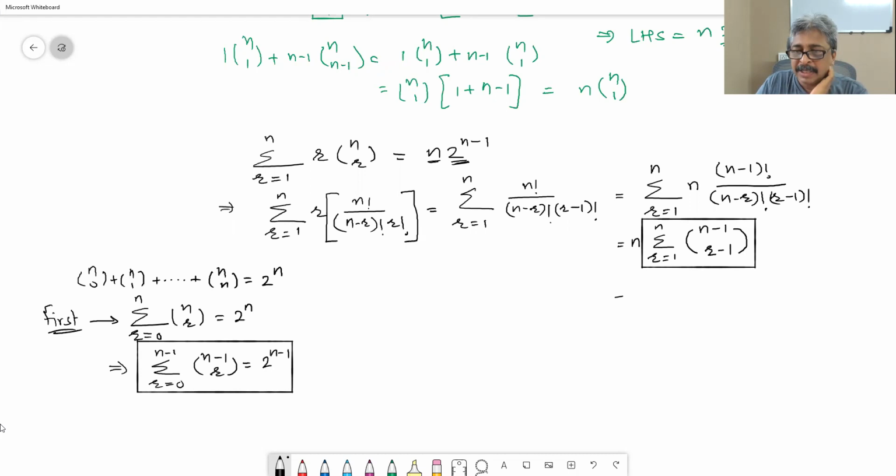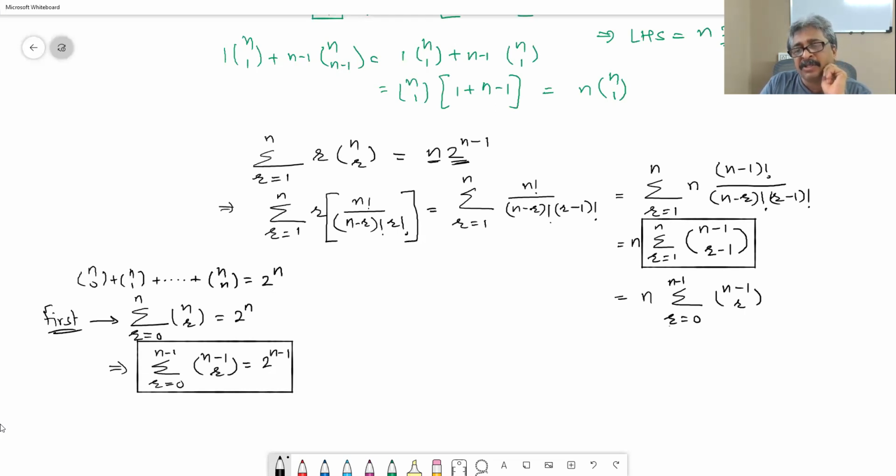Okay. So what I will do now is push and pull. n sigma r goes from 0 to n minus 1, (n minus 1) choose r. They are equal. These two are equal, because I pull my index back by 1 and push my index inside by 1. And there are totally n terms.